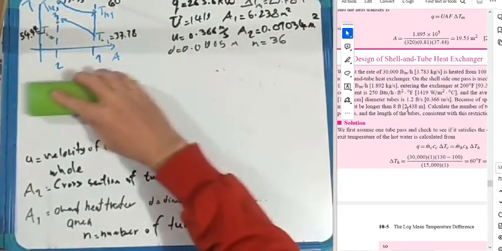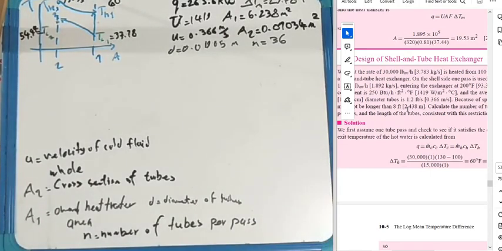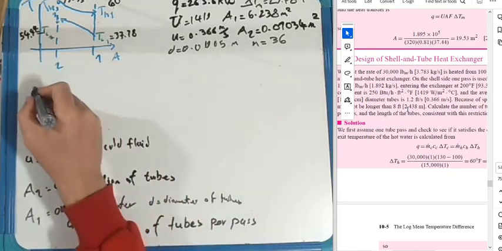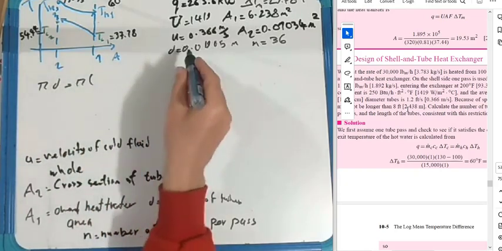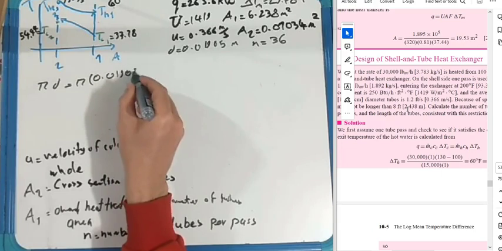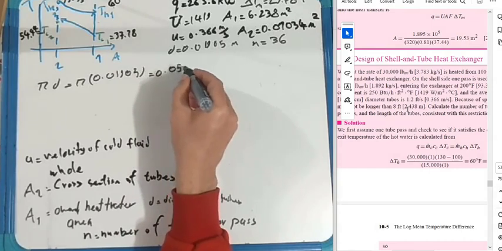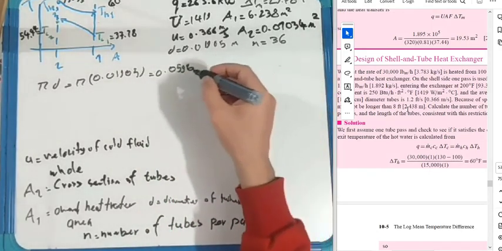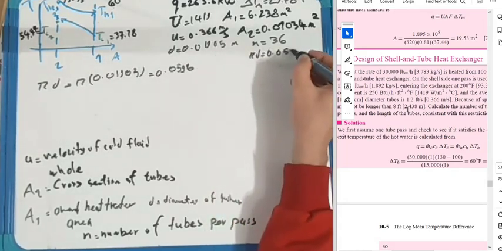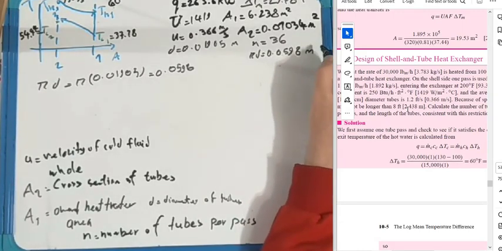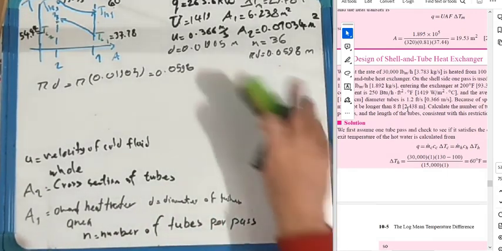Let me erase these because I don't need them. Next I need to calculate pi D. Pi and D here, 0.01905, would be 0.0598. Then my pi D equals 0.0598 meter. Okay, that's it.